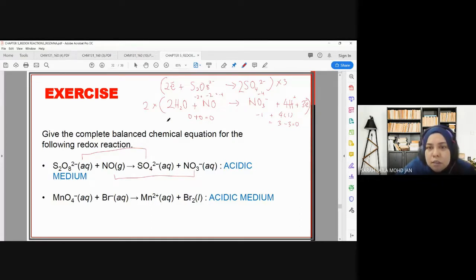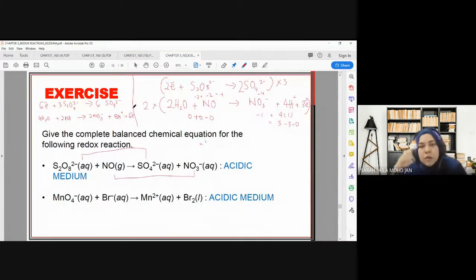So once equal, we will rewrite. I will rewrite this full equation. So 6E here. Okay. 6E plus 3 S2O8 2-, gives 6 SO4 2-. Okay, the one multiplied by 2: 4 H2O plus 2 NO, gives 2 NO3 negative, plus 8H plus plus 6E. I hope you can all follow.